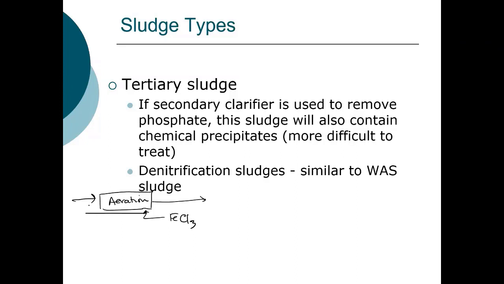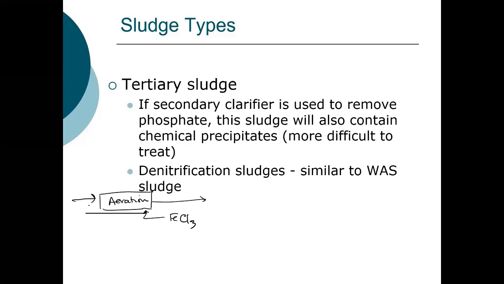That ferric chloride is added to precipitate phosphate as ferric phosphate in order to meet their regulatory limits. But then the sludge from the secondary clarifier also contains ferric phosphate, and that can make the treatment of that sludge more difficult.